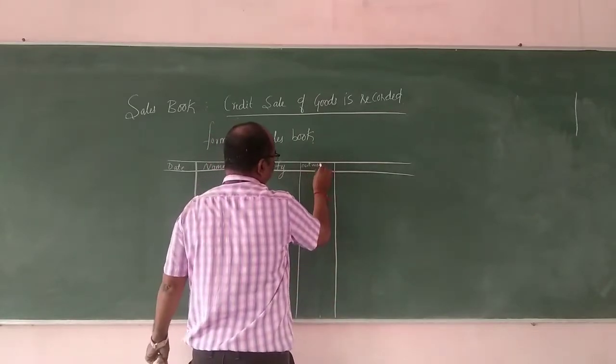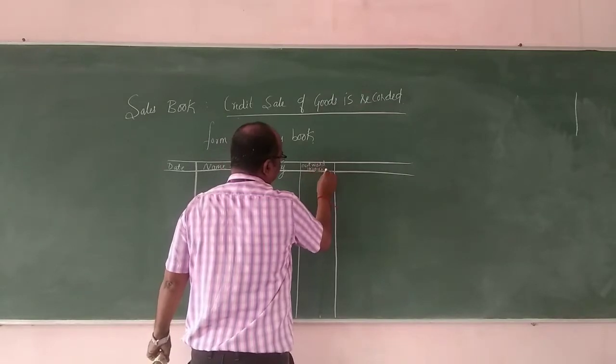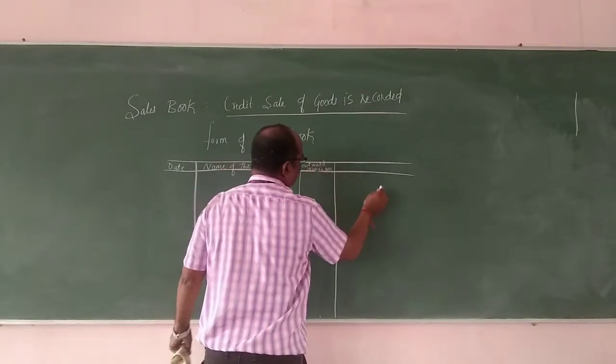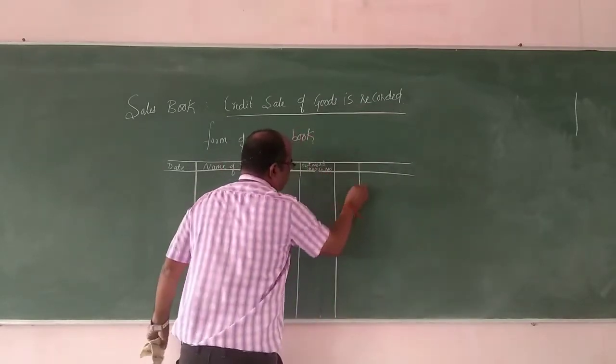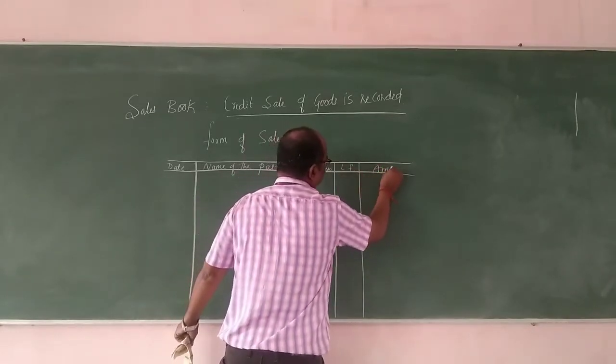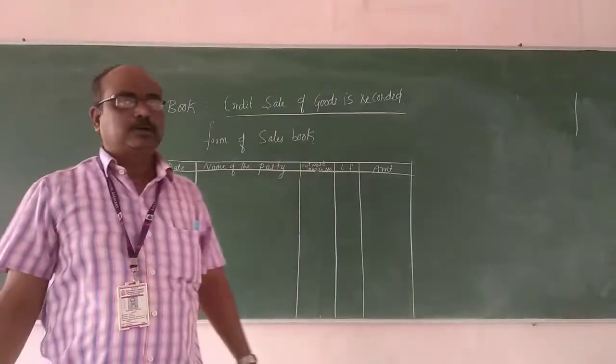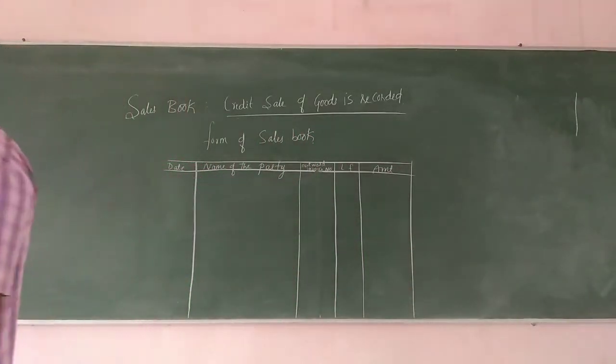Then LF and amount. So write down the format of the sales book.